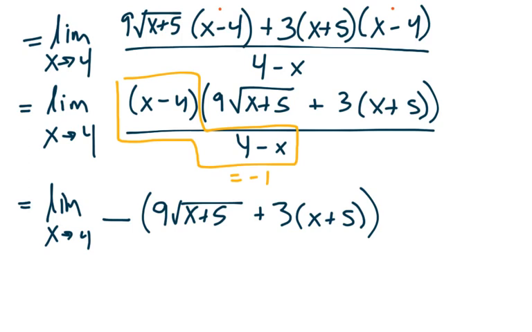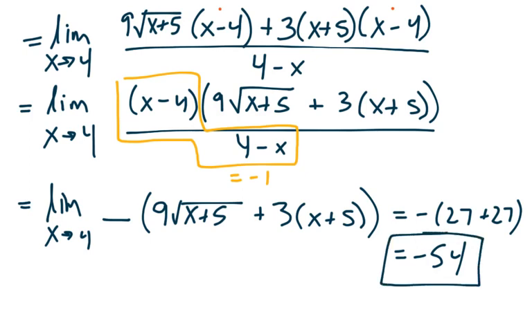Now we can go ahead and use direct substitution. If we directly substitute 4 into this expression, we wind up with minus the quantity 27 plus 27, and that's minus 54. And that is our limit.